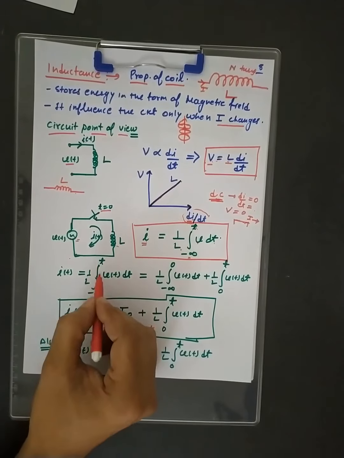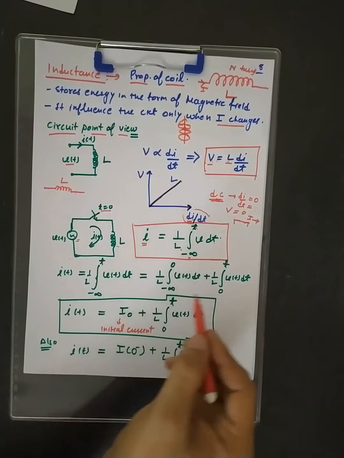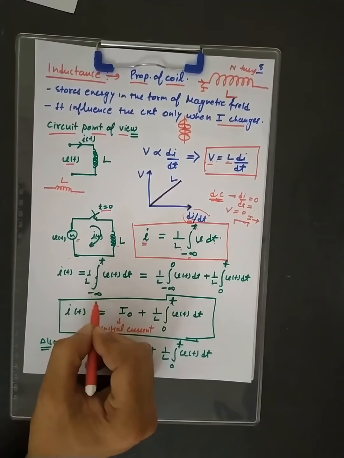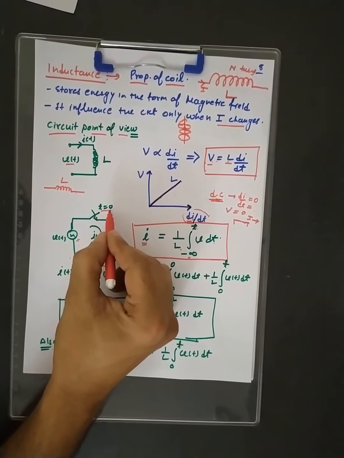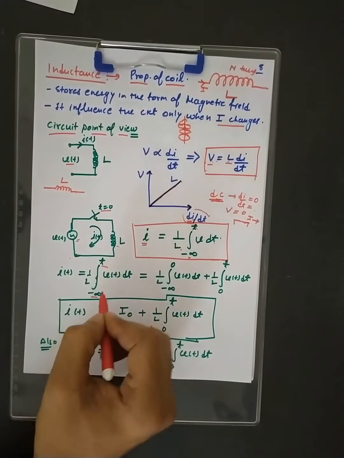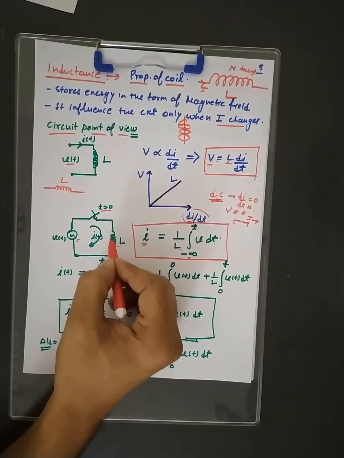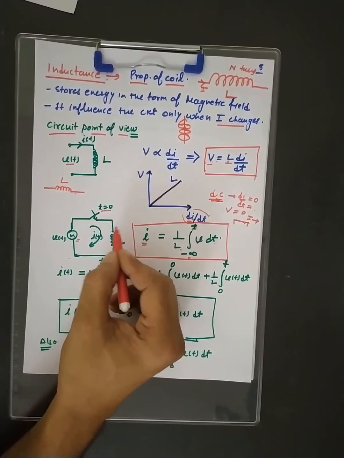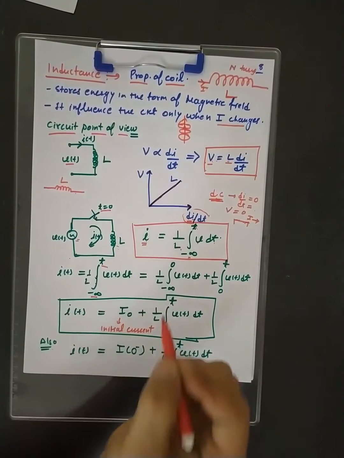Integration is a linear operator which can be broken down into different limits. This one is minus infinity to t. I am closing the switch at t = 0, so from minus infinity to 0, the inductor holds some amount of stored energy, which we have to consider.